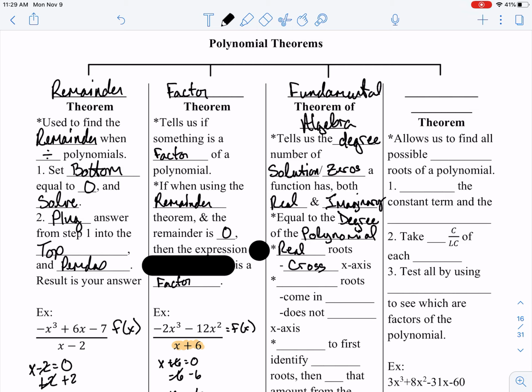Your imaginary or irrational come in pairs. Note here that only imaginary does not cross the x-axis. So irrational can, but imaginary does not.